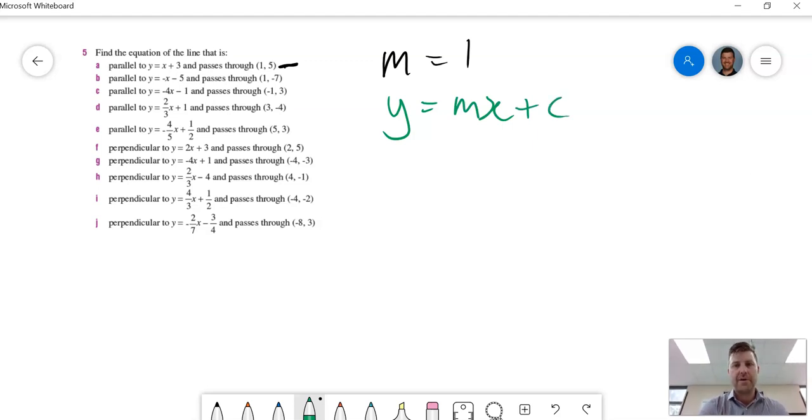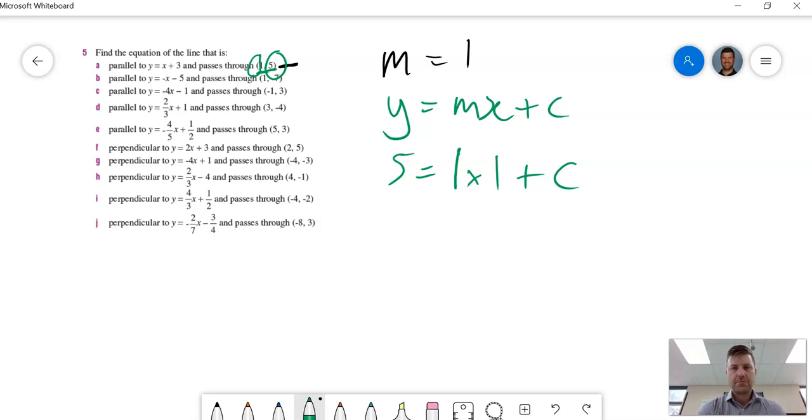We know the value of m is going to be 1. We know that the line is going to pass through this coordinate, 1, 5. So instead of x, let's put in another 1, because that's the x value from our set of coordinates here. And instead of y, we're going to put in the number 5. So that's the y value of my set of coordinates, plus c.